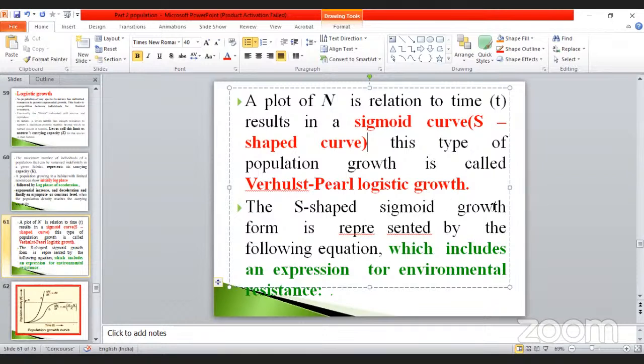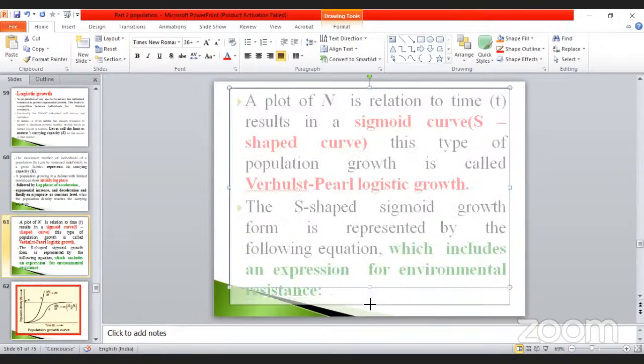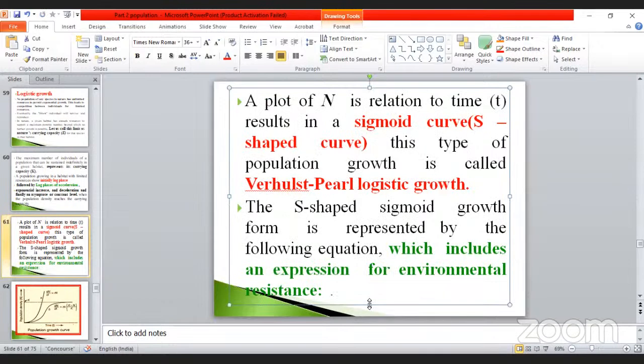So the S-shaped sigmoid growth form is represented here by the following equation, which includes an expression for environmental resistance. Don't forget, my dear. Sometimes they may ask which equation represents the expression for environmental resistance. Like that, they may ask the questions. Okay, so don't forget.